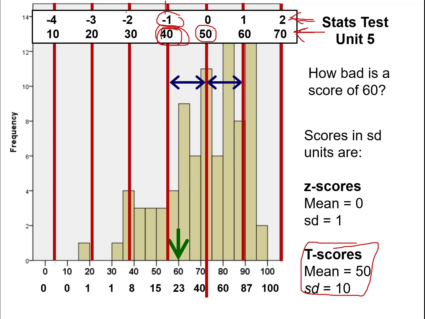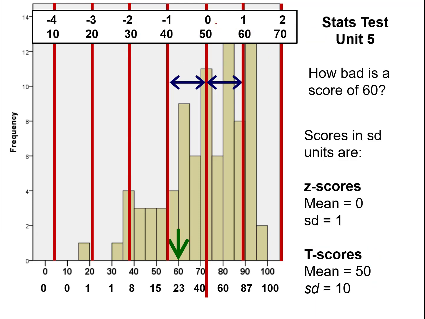And let's look at two standard deviations below the mean. Your z-score would be a -2 and your t-score would be a 30. Or if you're one standard deviation above the mean, your z-score would be 1 and your t-score would be 60. So these are two different scoring systems based on the mean and the standard deviation.